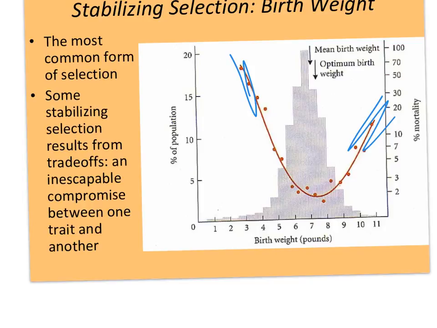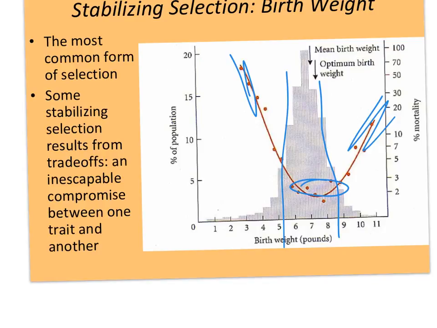And you have low mortality here, in other words, high survival in the middle in terms of birth weight. So those babies that are generally between, let's say, 5 or 6 and, let's say, 8 or 9 pounds, they're favored in terms of birth weight.